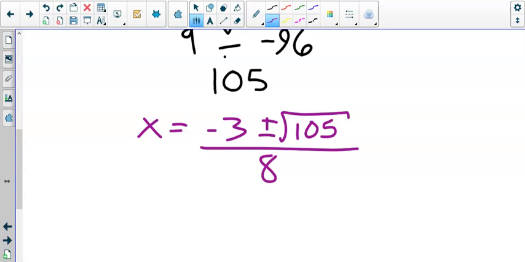So we look at this square root of 105, just like what we did with the rationalizing problem. That square root of 105. Can the square root of 105 reduce? Can we reduce that down? Because I know it's a decimal.